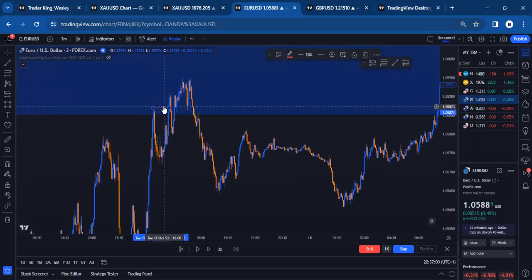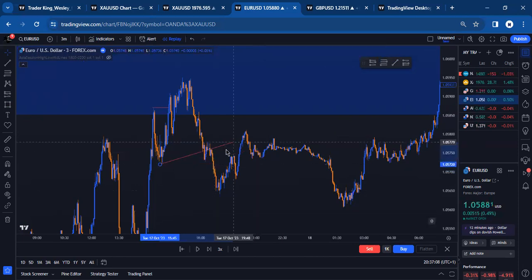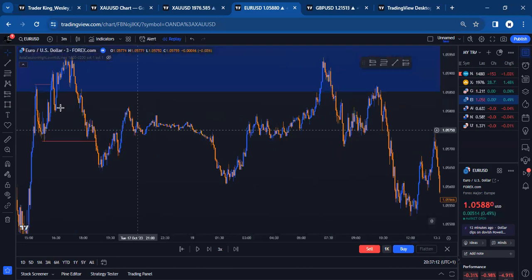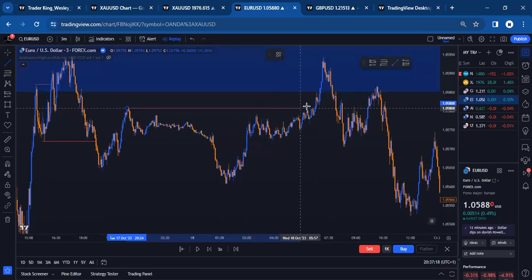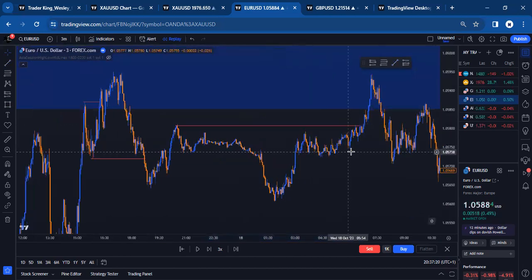We have previous high taking. We have a very clear shift right here. Having this clear shift, price still went up to do what? To form internal liquidity. You can maybe say equal highs, whatever, but price did form internal liquidity.